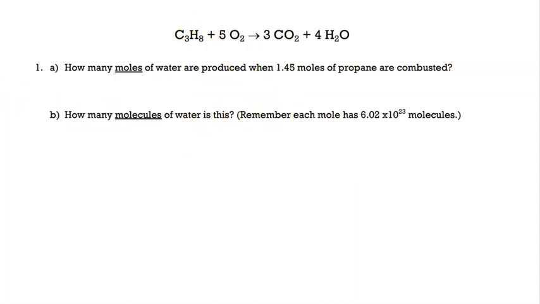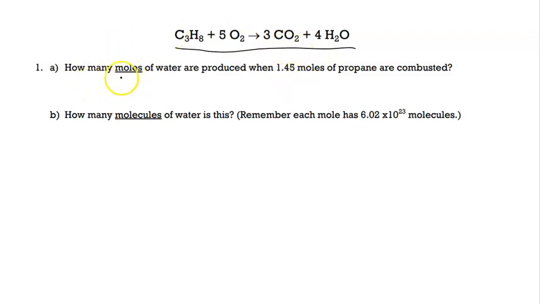Okay. So let's take a close look at number 1. Critical thinking number 1 says to take a close look at the propane combustion reaction, just the same reaction, by the way, that we used in the topic 6.3 notes. So we're going to have some familiarity here. All right.